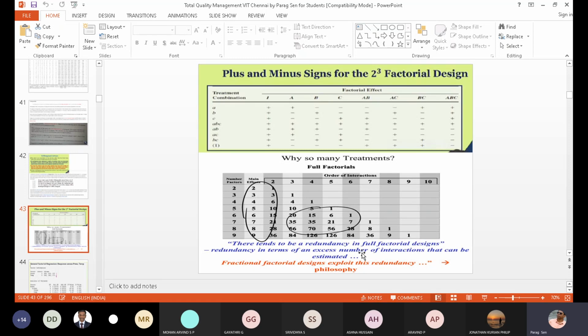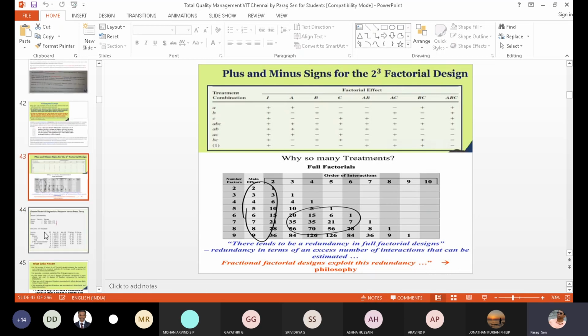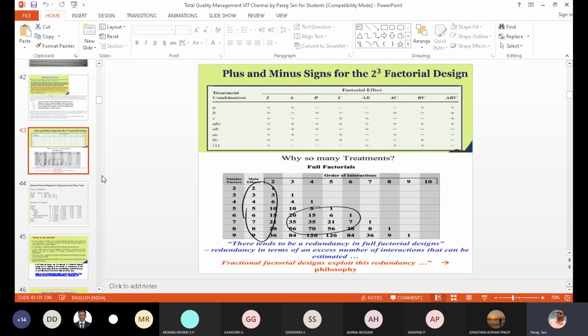There tends to be a redundancy in full factorial designs, redundancy in terms of an excess number of interactions that can be estimated. Fractional factorial design exploits the redundancy. This is the philosophy. How to do that, I will discuss.